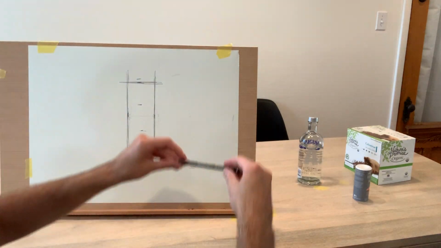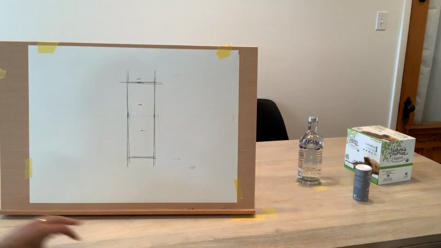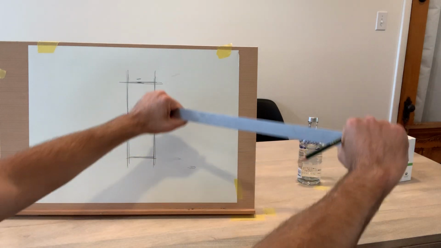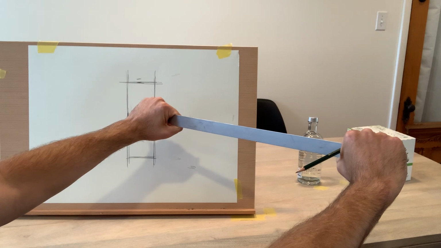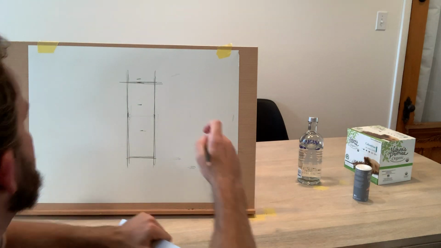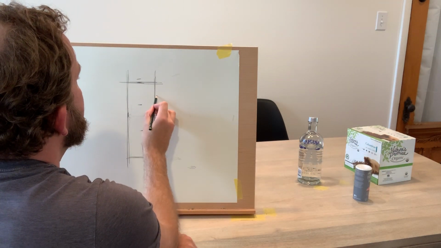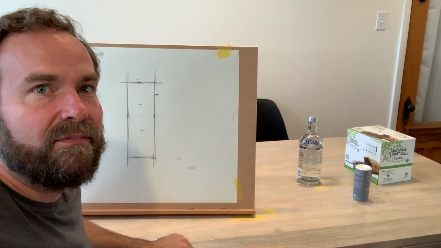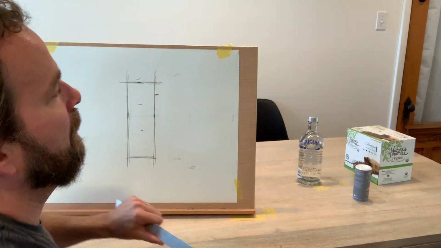So what I'm going to do, you can also use a ruler. Put it on top of the, look at the distance. I'm going to guess and say, looks like it's about that far lower.